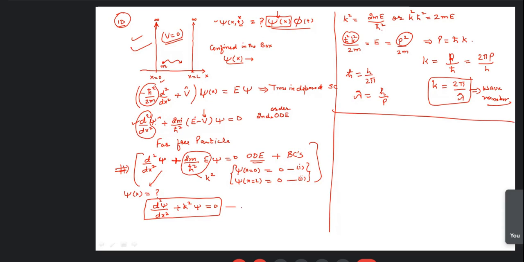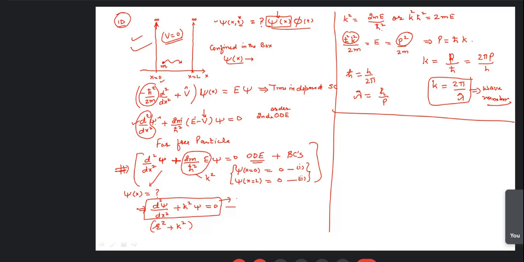This is my Schrodinger's equation, which I have written in the form of a second order ordinary differential equation, just to find wave function psi by solving it. And we know we write the auxiliary equation. I hope you remember this. Plus this is k square. r is, it is real or complex number.